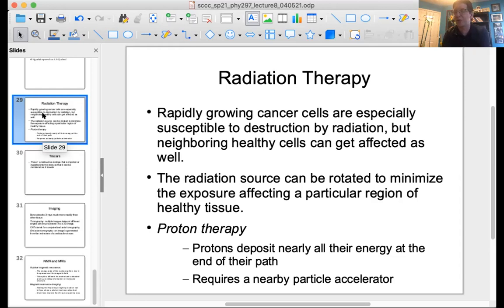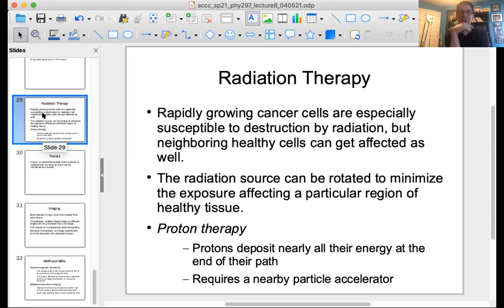You want to make sure the incident radiation is spread around, so that there's no location that gets too much of it, but it still all converges on the tumor, for example. The radiation source can be rotated to minimize the exposure.